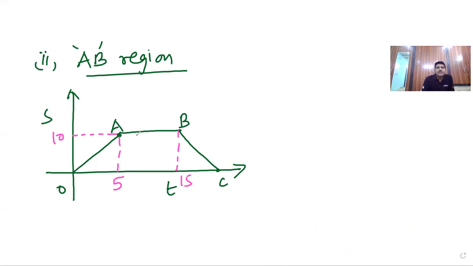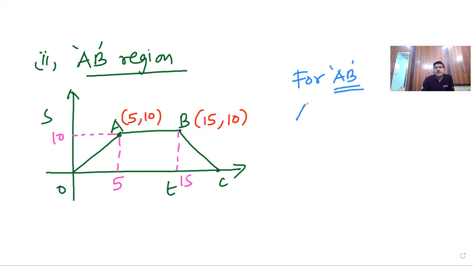Clear? So for the AB region, the coordinates of A are 5 comma 10, and B is 15 comma 10.